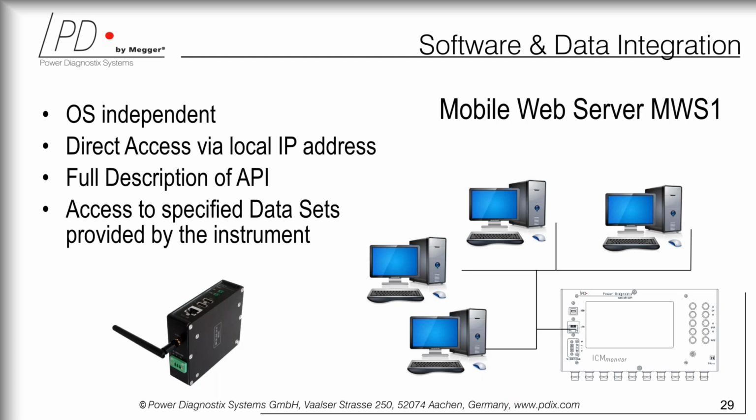Another way to do it is to actually have such a mobile web server, MWS1, which connects to the device, and after that, from a distance, a variety of people can use browsers to actually look into the monitor. This is the beauty of a web server, as we all know, and therefore specific data sets can be provided by the instruments to different users based on their rights.